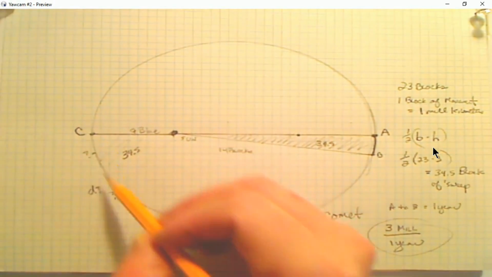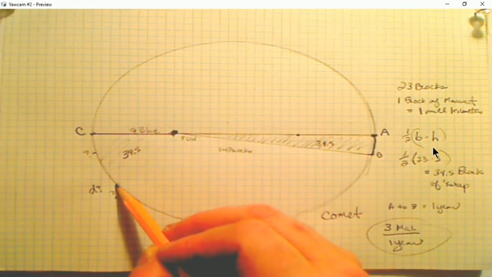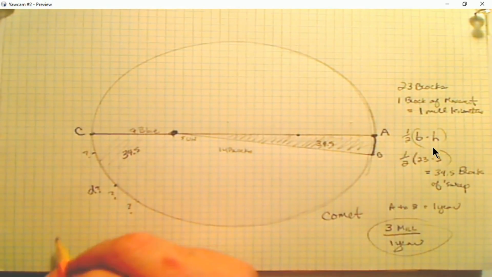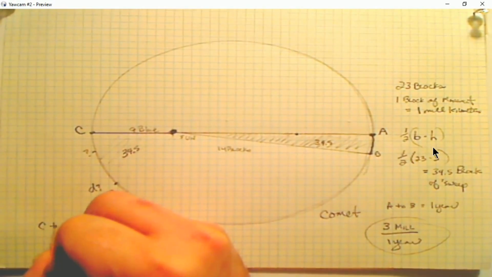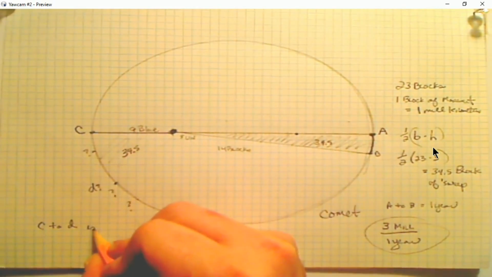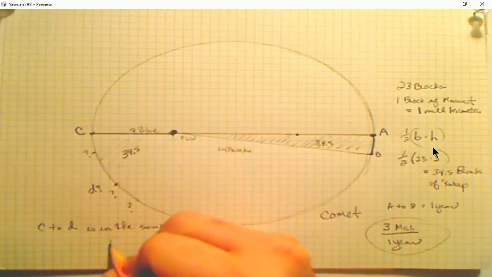And then you're going to get this distance here, which will be different than our 3 million kilometers. But that distance from C to D, according to Kepler's law, is in the same amount of time.